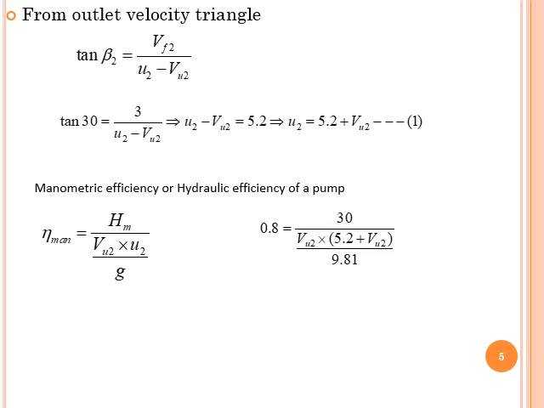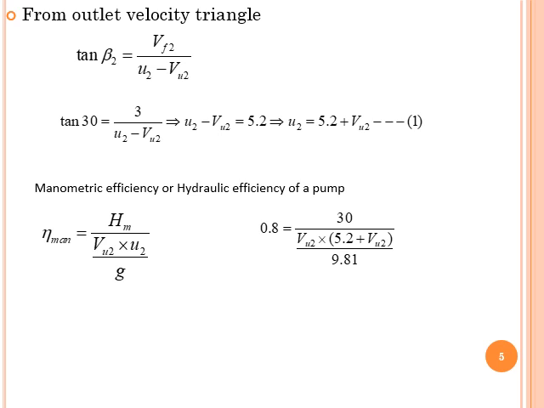The manometric efficiency is given as 0.8, manometric head is 30, the VU2 value is unknown, and U2 we already got an expression for. U2 is taken as 5.2 plus VU2, so that is substituted in this expression, and g, the acceleration due to gravity, is 9.81.